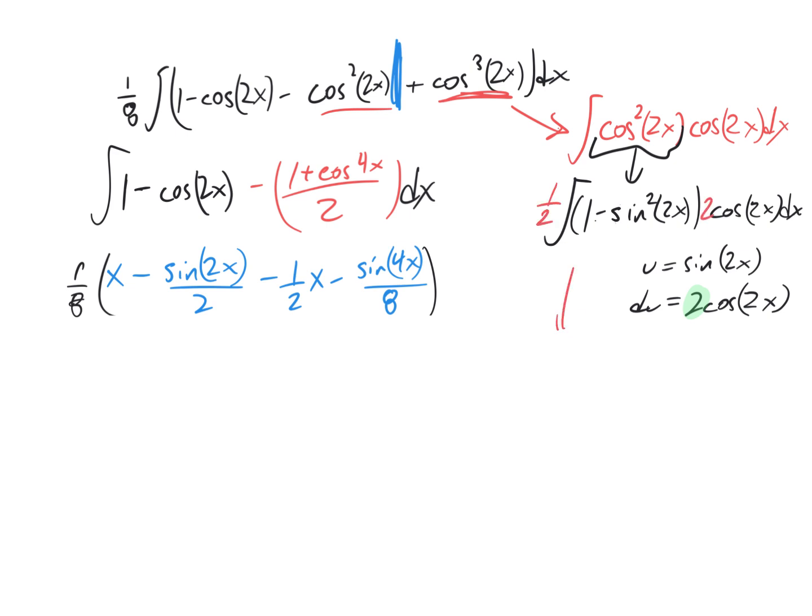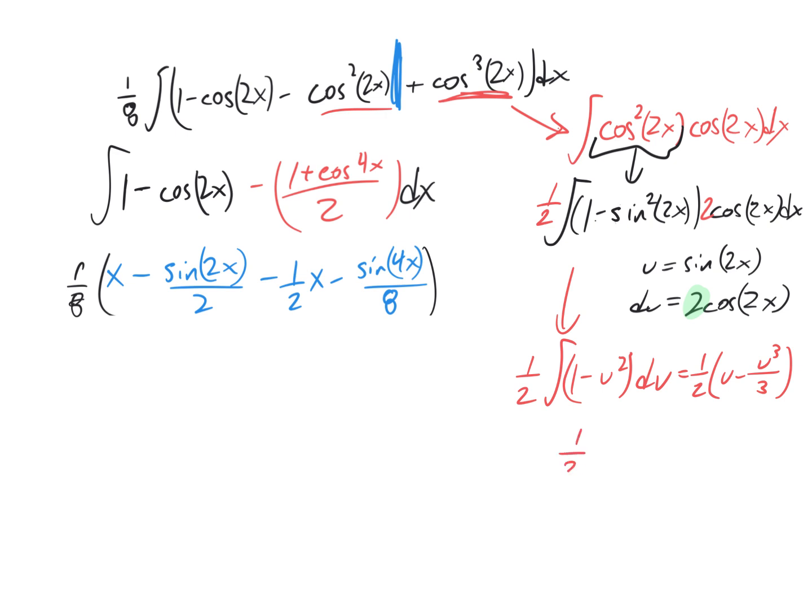Our integral looks like this: 1/2 integral of 1 minus u squared du, which is not so bad. We get something like 1/2 u minus u to the third over 3. And let's sub it back out and clean it up a little bit.